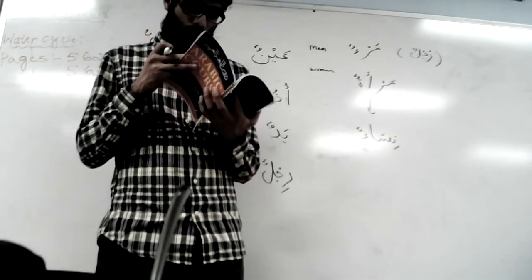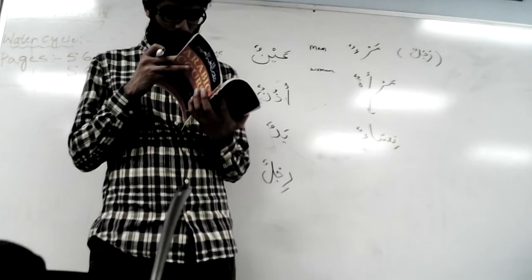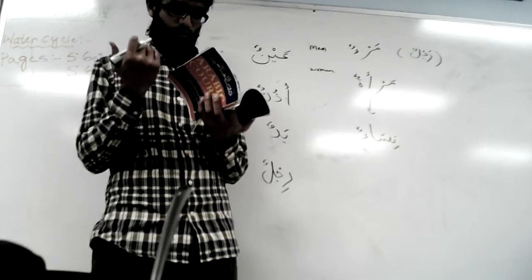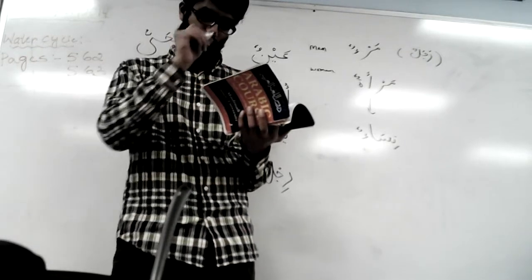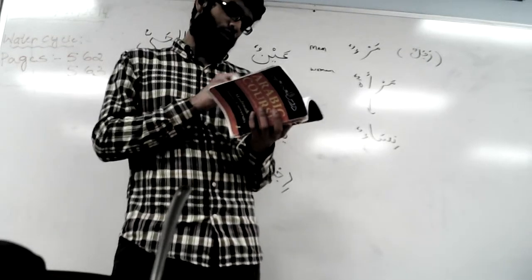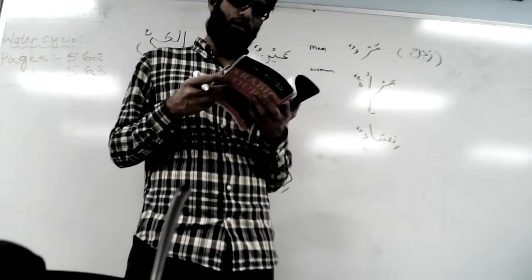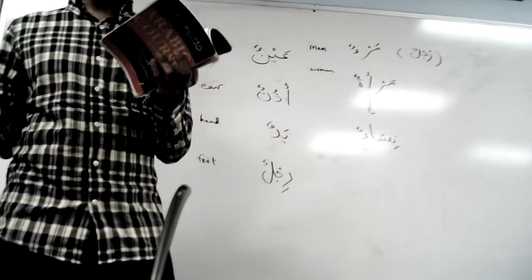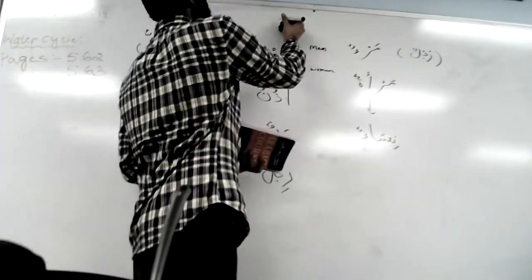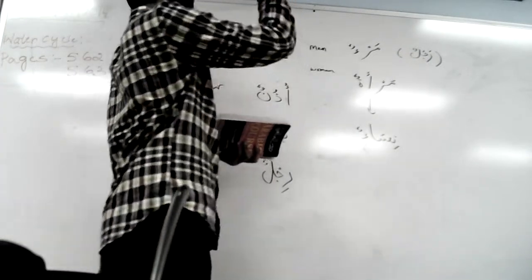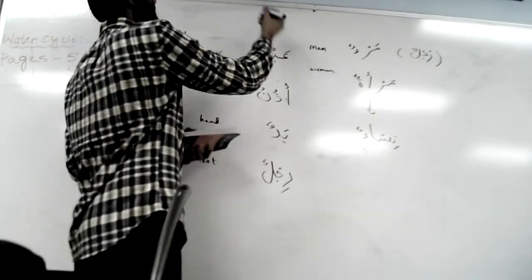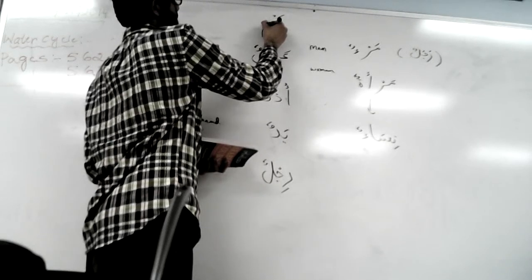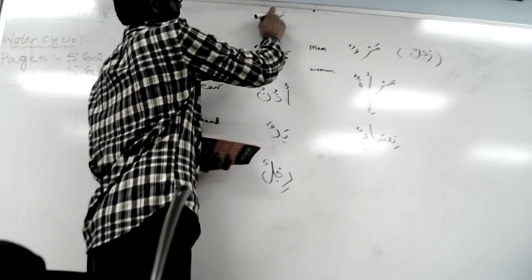All right. So we did that, and then number 6 is basically make these dual. So you already know how to do that, right? So just add an ani to it. We'll do kalimat al-jadida on the last page. What's kam? How many? How many, right? So if I want to say how many hands, how do I say that? Yadan, right?